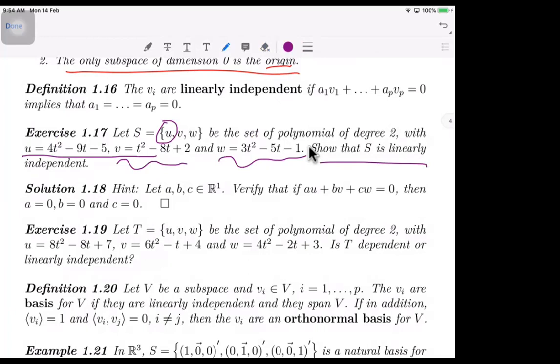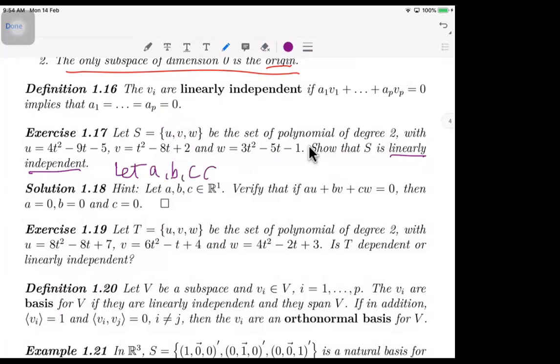If we want to show that it is linearly independent, we define constants such that if the linear combination is equal to 0, then the constants are all equal to 0. So, let A, B, and C be constants, and the linear combination AU plus BV plus CW is equal to 0.